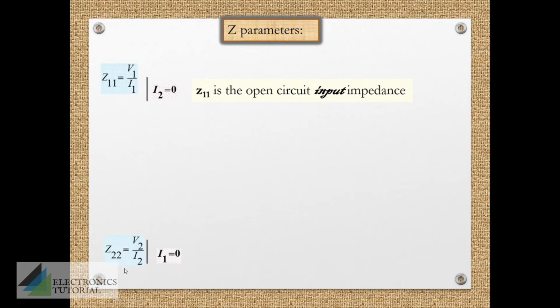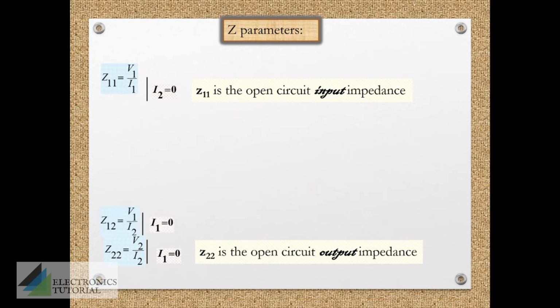Next term, Z22. This deals with the output port and it can be termed as open circuit output impedance. Next term, Z12. 1 represents input and 2 represents output.